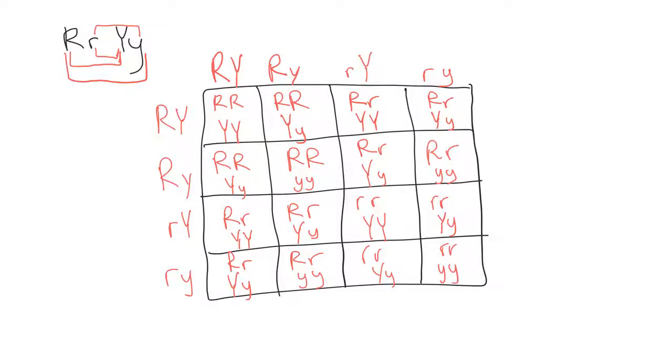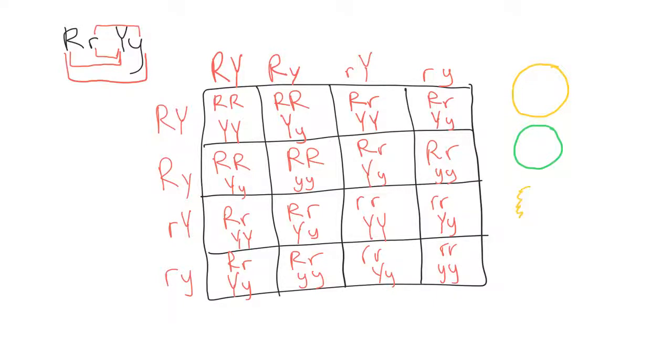Okay, so now we have 4 different combinations for possibilities of their progeny. They can be round and yellow. They could be round and green.